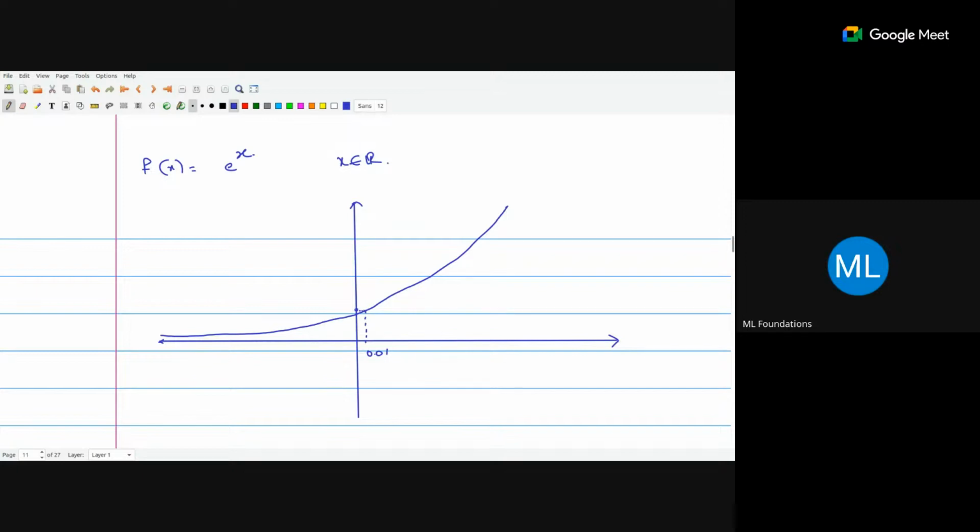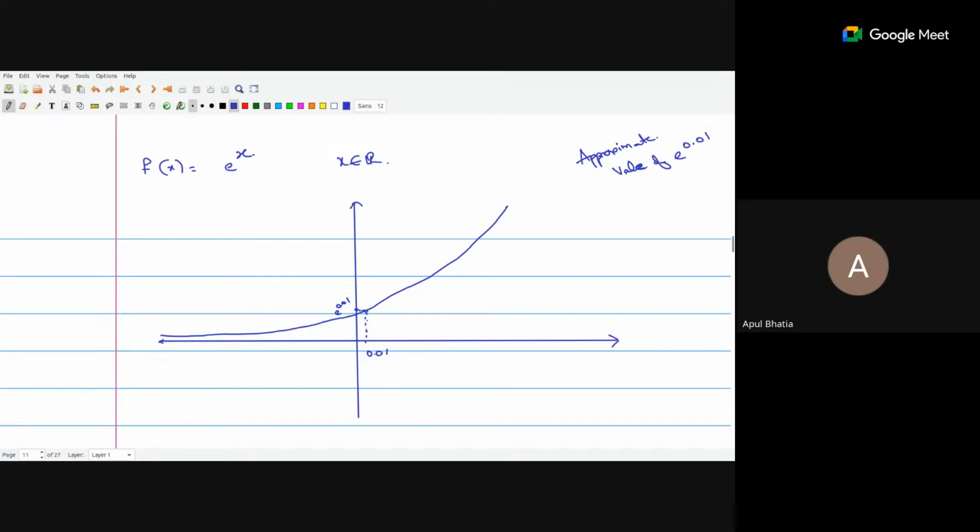This is e power 0.01. Correct? Yes, the y value. So what we asked you is, we want an approximate value. So the question is like this: approximate value of e to the power 0.01.